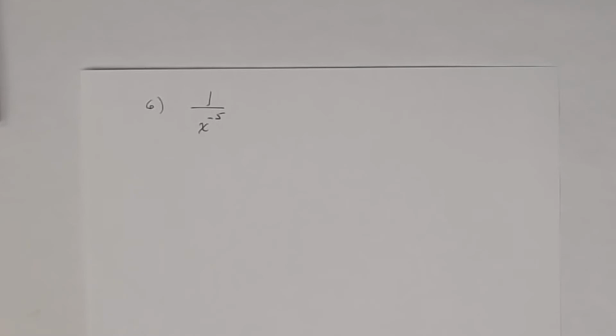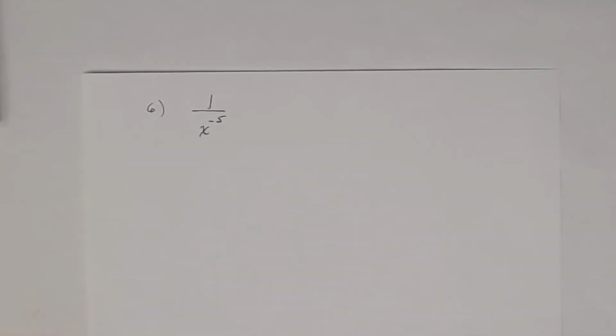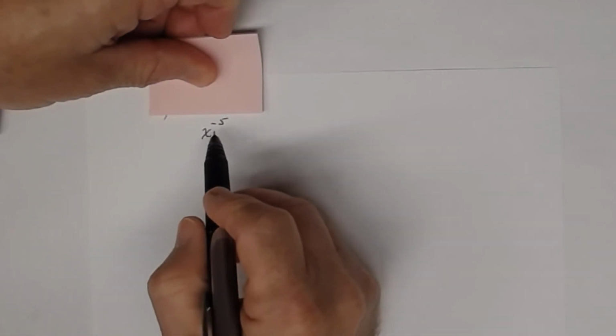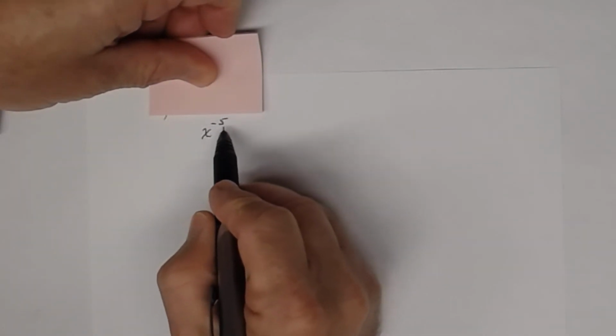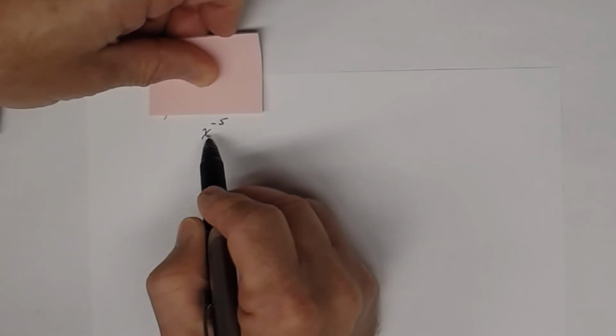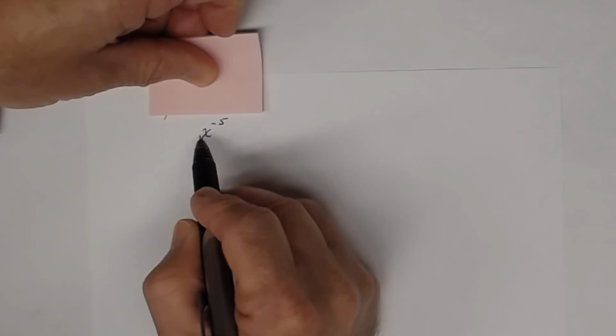So look at what's being raised to the negative power. What is being raised to the negative power? That's what you ask yourself. Well, what's being raised to the negative power is this x to the negative fifth, right? And so if I want this exponent to be positive, I have to take that base and take the reciprocal of that. So the reciprocal of x is 1 divided by x.